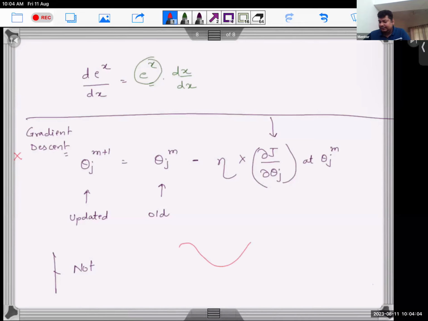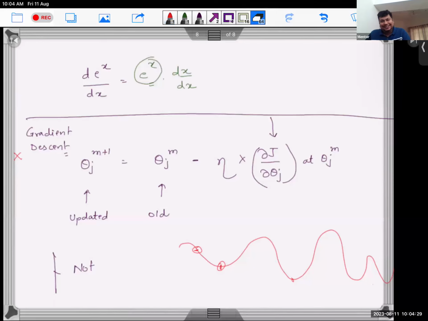You can think of it like this: this would be how the loss function looks. If you started here for your theta, you will end up here. You will not go to this one, which is the least minima amongst all the local minima. So it's not advisable to use gradient descent in this case.